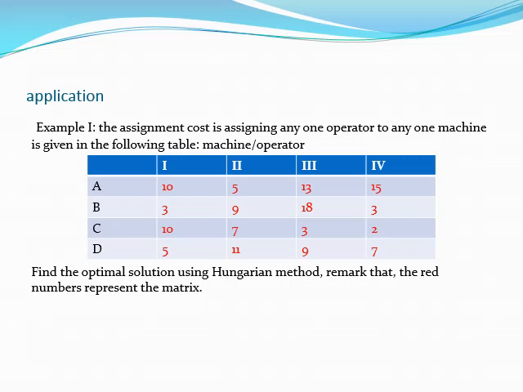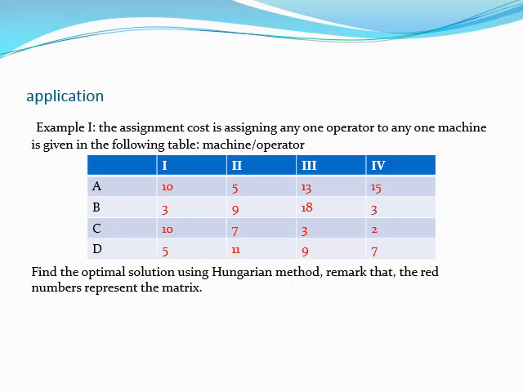The condition is satisfied: 4 machines and 4 operators. The cells inside this matrix contain the cost of assignment. For example, if we assign A to 1, then it costs 10.